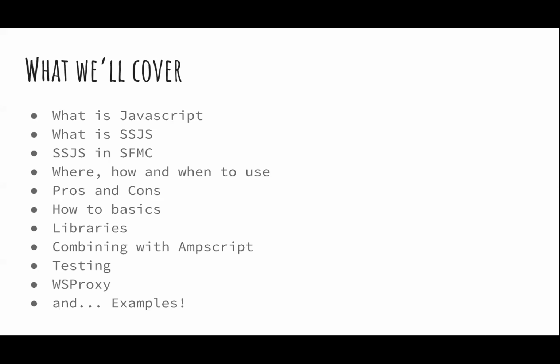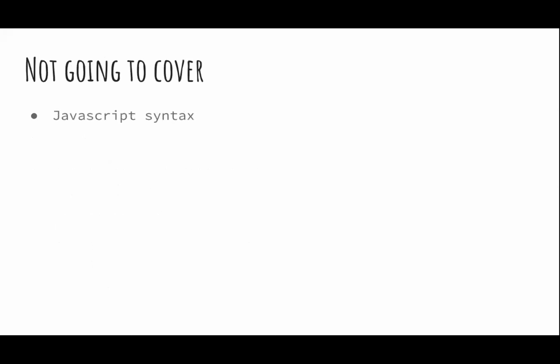I know that others have covered that topic in the past, but it's related, so I may as well cover it off. It's an exciting part of SSJS. And then finally, some examples, which is probably what everyone's here to see.